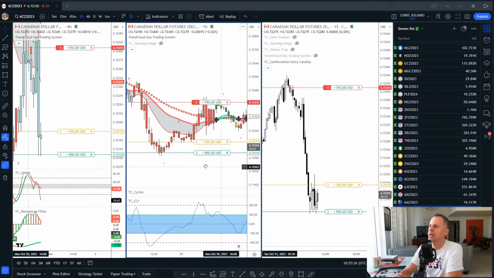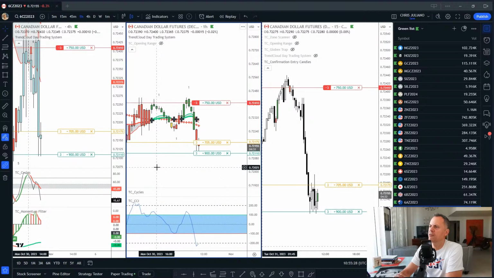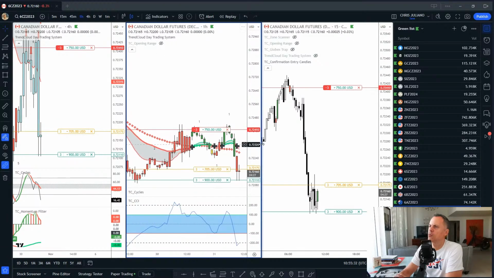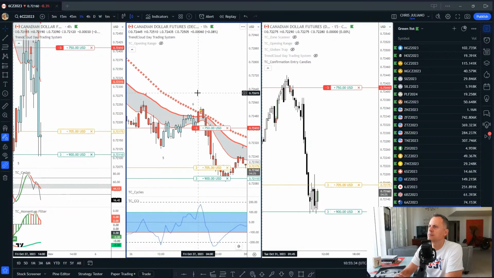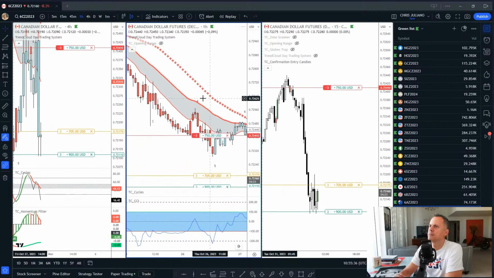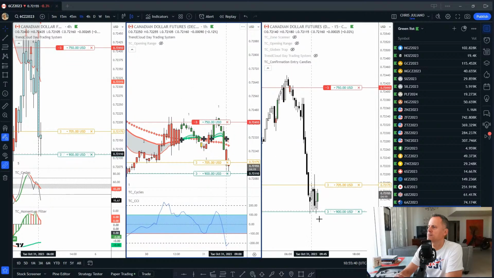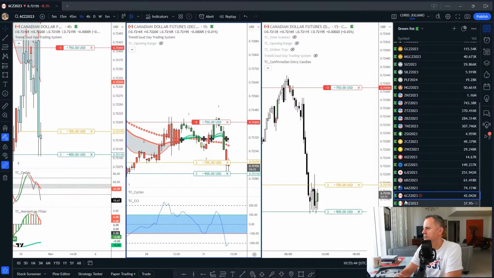Probably wants to go back up into this level up here, right where we got in. Gave away $200. We gave away $200 there by not paying attention.